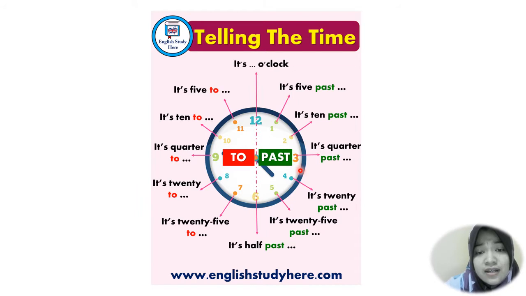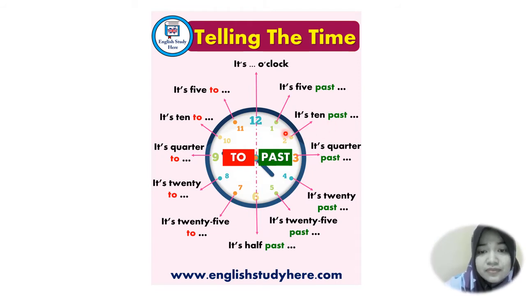Selepas. For example, it's 5 past 1. Contoh kat sini, maksud dia ia pukul 1:05. Contoh lagi, it's 10 past 1, ia adalah pukul 1:10. So maksudnya pas ni dia dah melebihi jarum pendek tu.